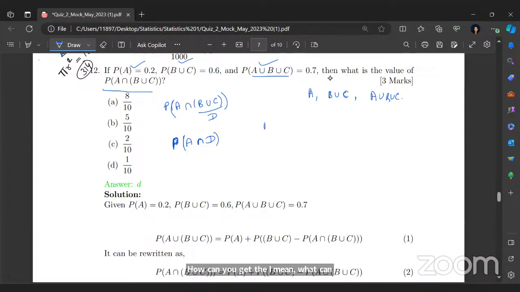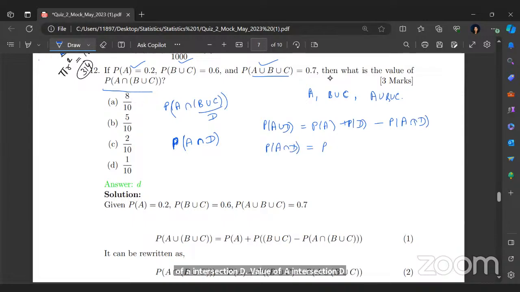Maybe you can look at probability of A union D. This is given by probability of A plus probability of D minus probability of A intersection D, right? So from here, probability of A intersection D is probability of A union D minus probability of A minus probability of D.